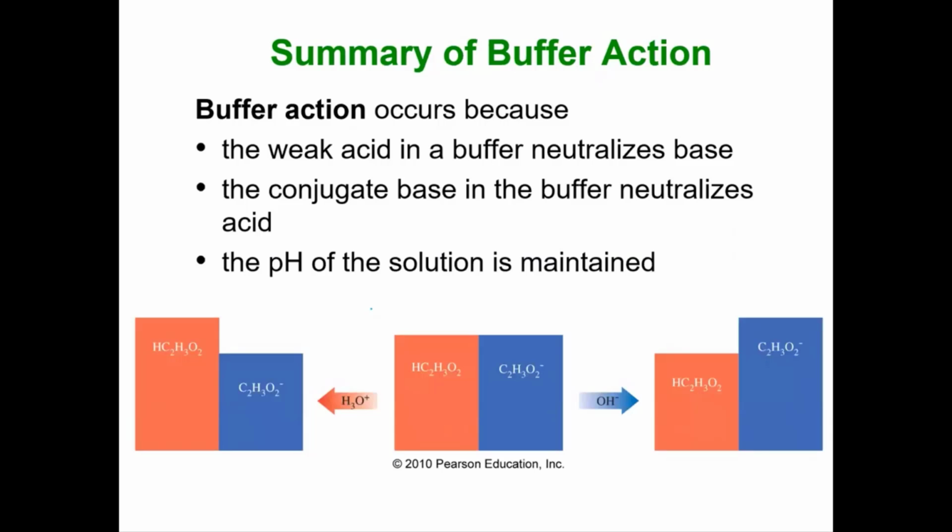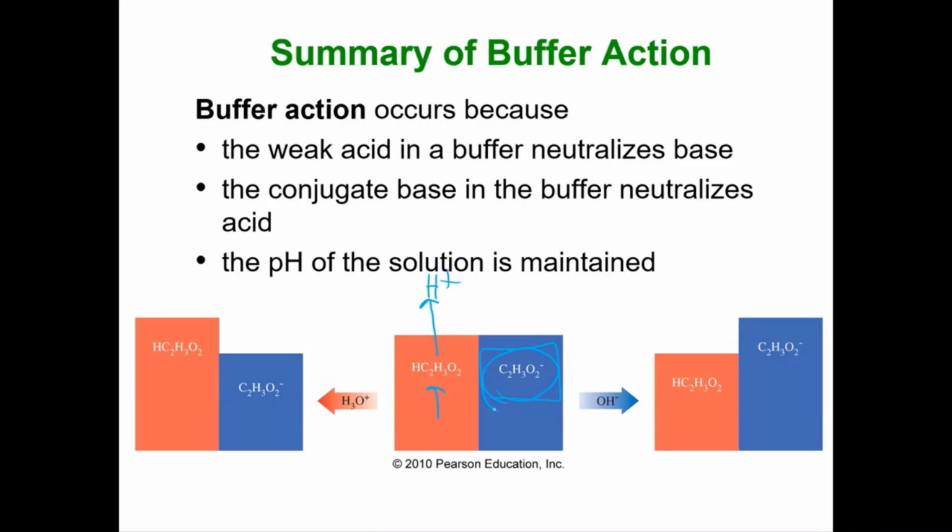So here's an example. I have a weak acid, acetic acid. How do I know it's weak? It's not one of the 6 strong. I have its conjugate base. How do I know that acetate's its conjugate base? Well, as an acid, if it donates a proton, what would be left? Just the acetate ion.